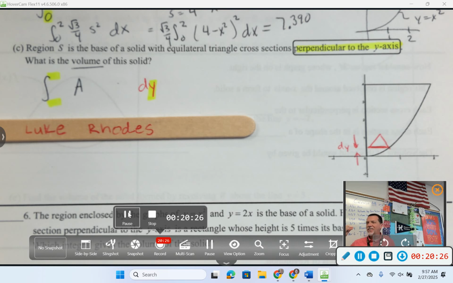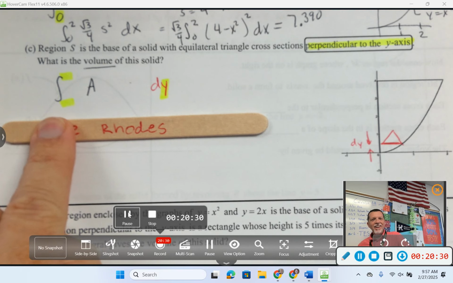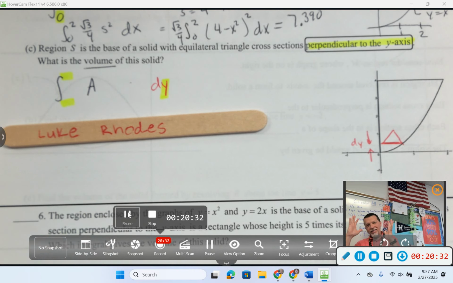Once you know that it's dy, that means your limits have to be y limits. Okay? So your brain has to shift or turn your head or turn your paper or something's got to turn 90 degrees here. So Luke, from what to what then? What specifically in this problem will my y limits be? Is it 4 to would it be 0 or negative 1? 0? 0 to 4. Yeah.